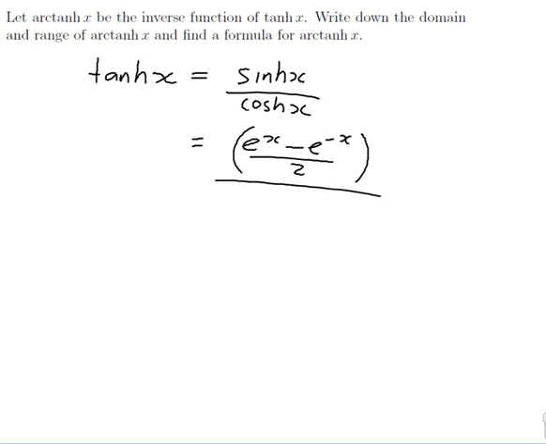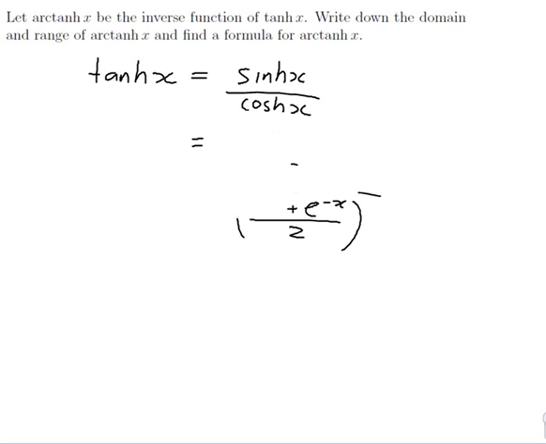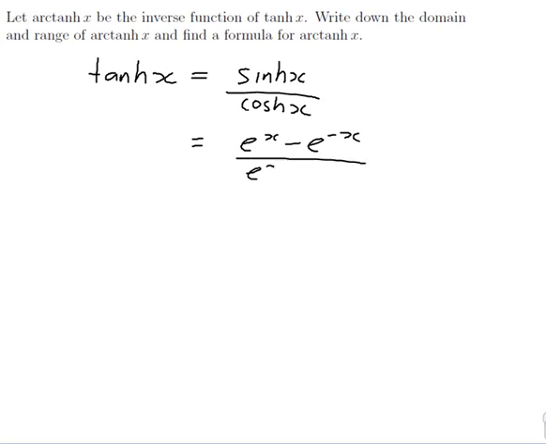And cosh x is e to the x plus e to the minus x over 2. And so when I actually do that division, the over 2's are going to cancel, and so I'm just going to be left with e to the x minus e to the minus x over e to the x plus e to the minus x. So that's tanh x.